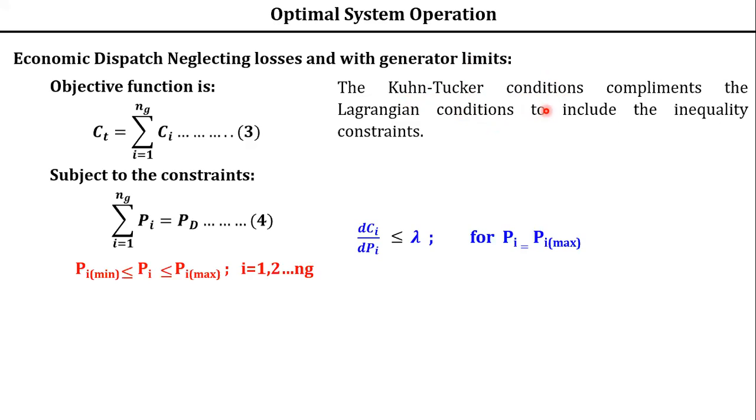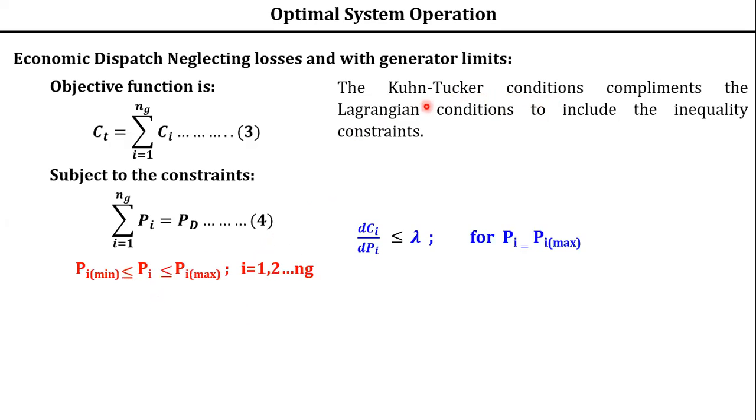There are many techniques, like linear programming, non-linear programming, the simplex method, the big M method, the two-phase simplex method. All these are methods used to get the optimal solution. I think you might have studied some of these in mathematics. Similarly here, we have to apply Kuhn-Tucker conditions in order to include this constraint.